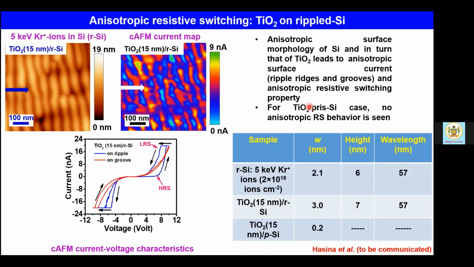But the important thing is resistive switching has already been introduced to you by Professor Panda. I'm just telling you that here also very nice anisotropic resistive switching properties and neuromorphic computing properties were revealed by my student Dilruba through these view graphs and conductive AFM measurements, current map.